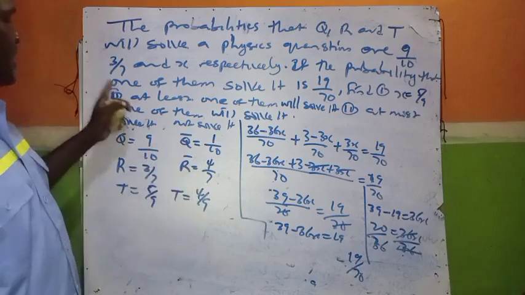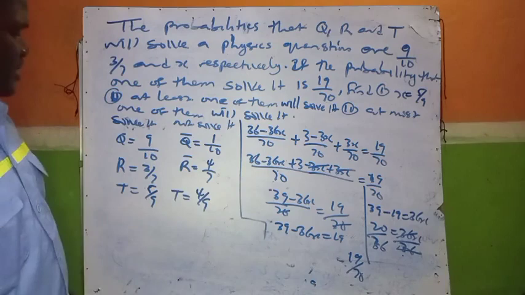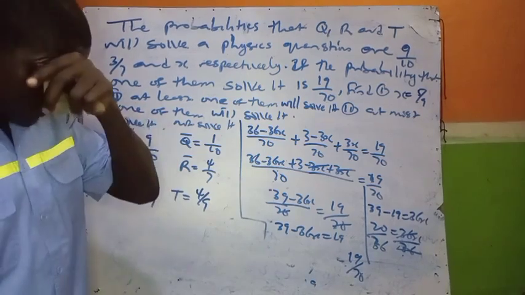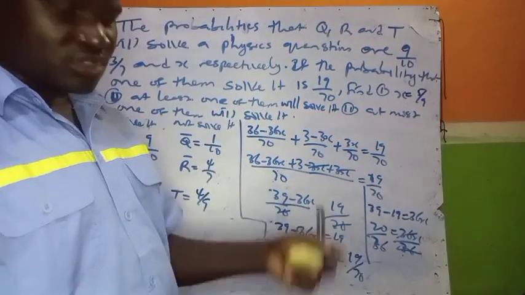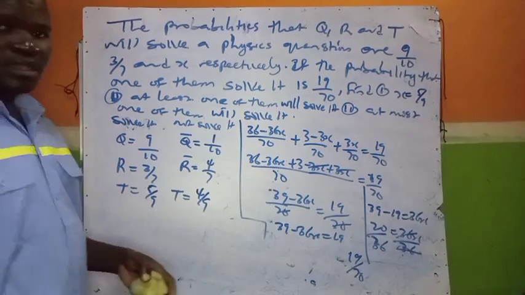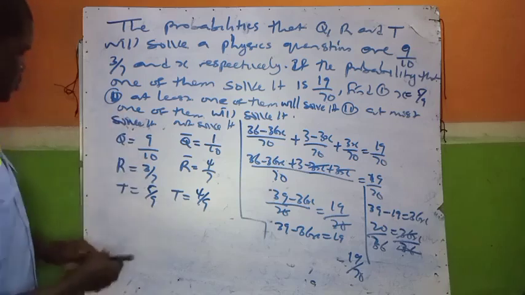Now B 2. At least one of them solve it. So if one solves it, it can either be 1, 2, or 3. So for at least one, it's equal to what?